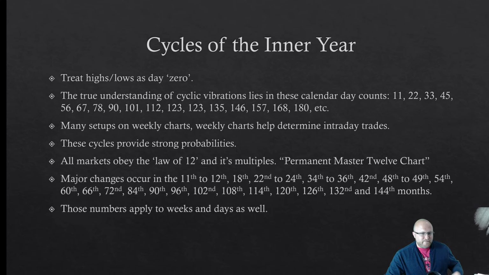There are specific days of the month that are important. The Master 12 chart, we're not going to be able to go over that here at all. Gann analysis is just freaking nuts, by the way. It takes years to study.